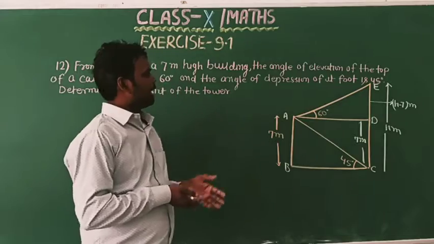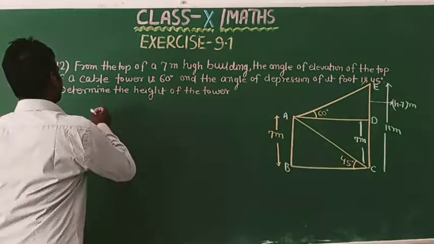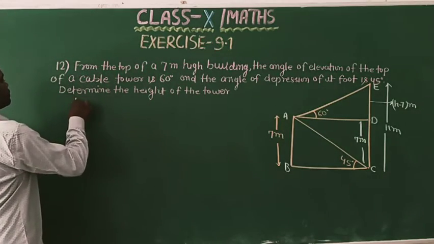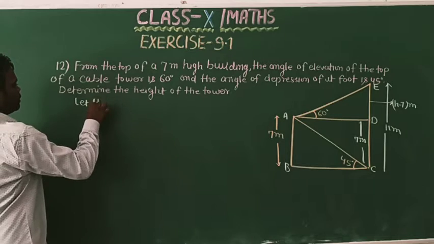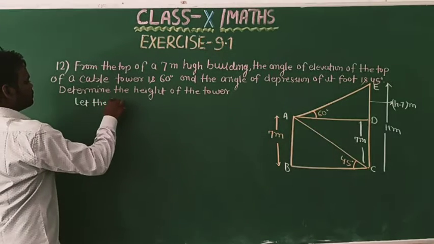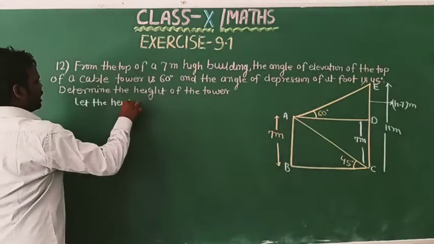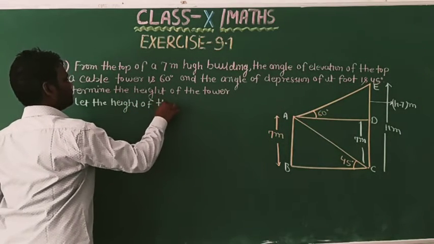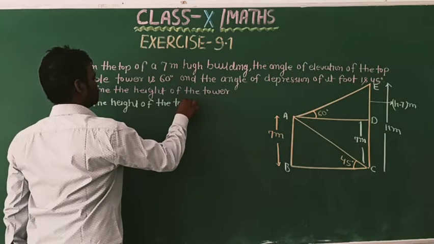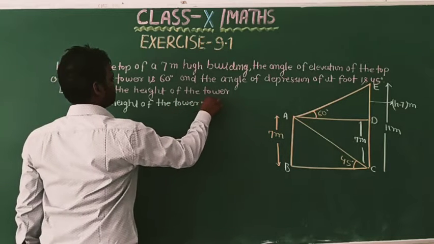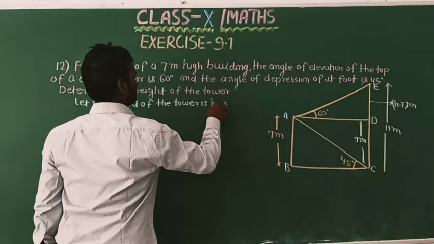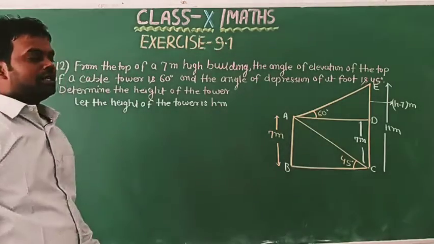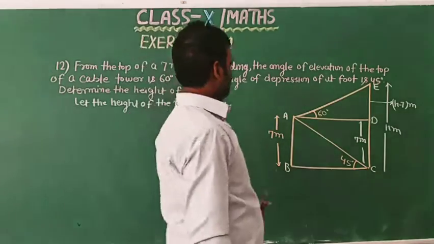Then we need to find the height of the tower. So let the height of the tower be X meter.